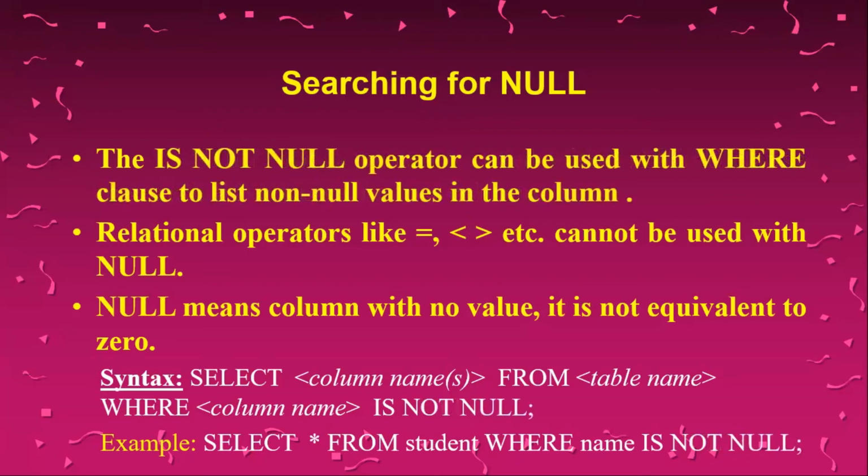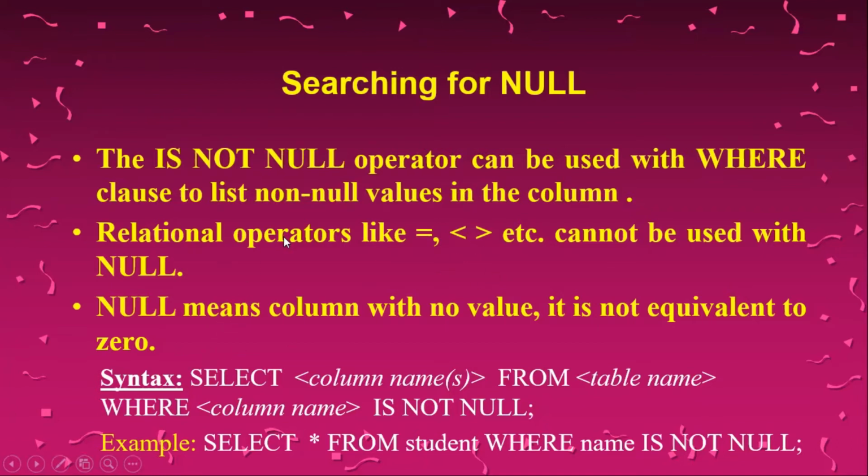If you want to search the column or the table with the non-null values, we have to use the IS NOT NULL operator. The IS NOT NULL operator works opposite to the IS NULL operator. That's very clear, for is not null or is null, you cannot use any of the relational operators.